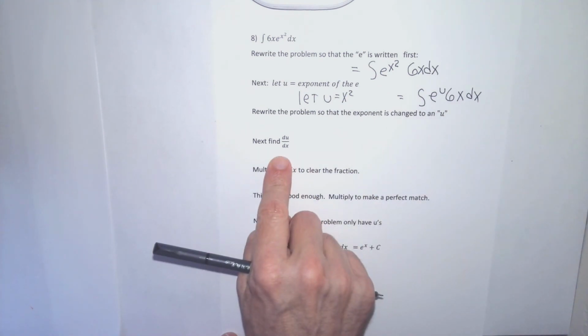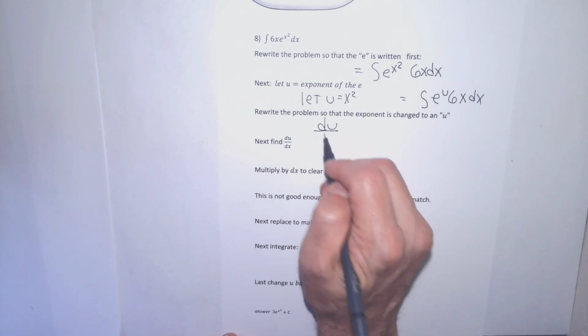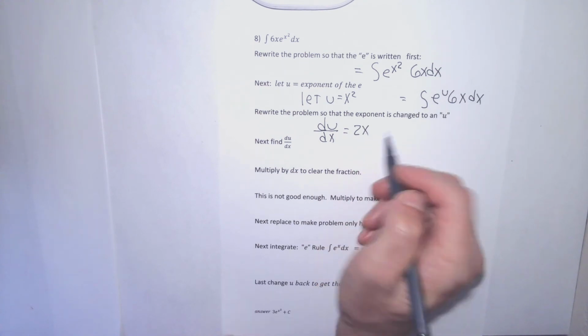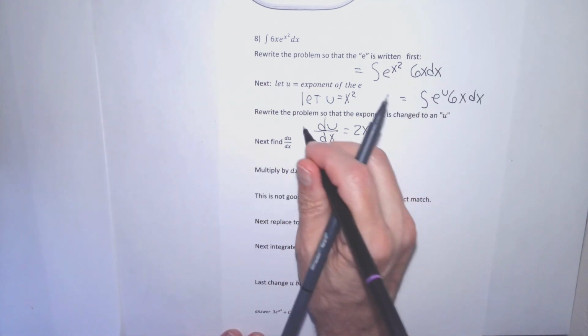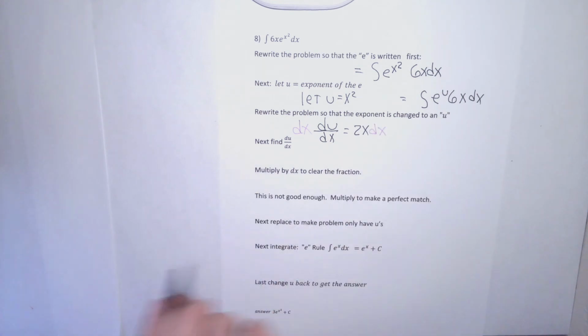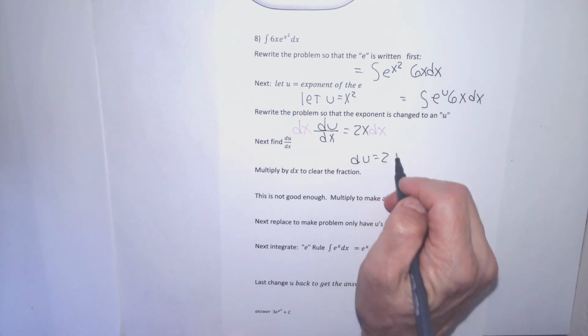Now go through the du dx. So I get du dx equals 2x. Multiply by dx. And I get du equals 2x dx.